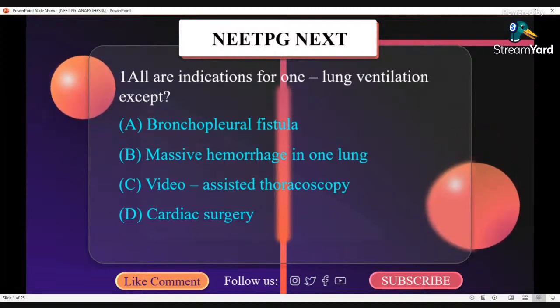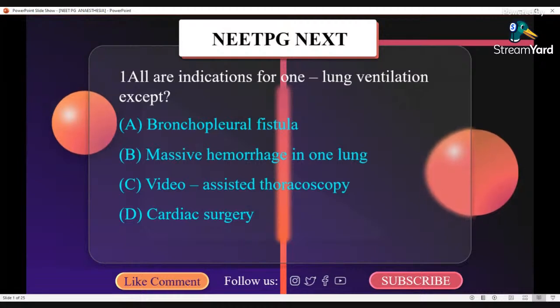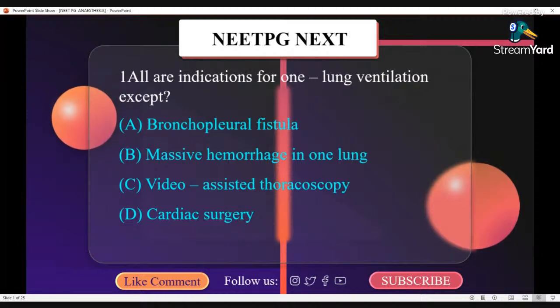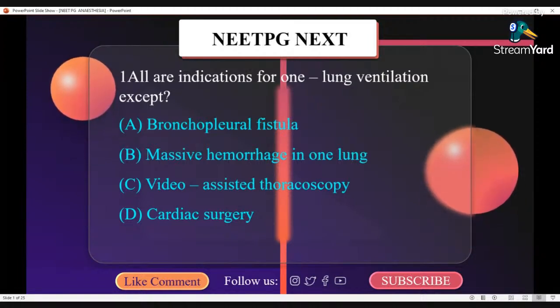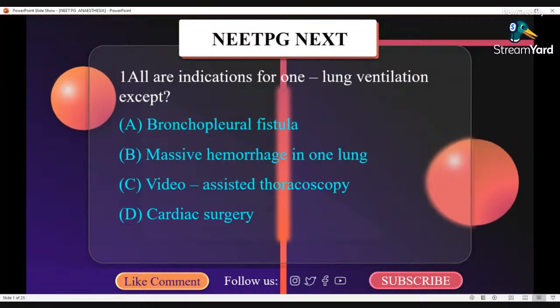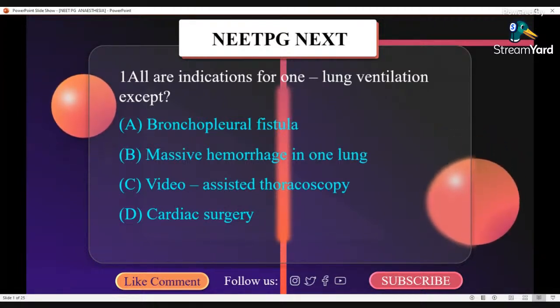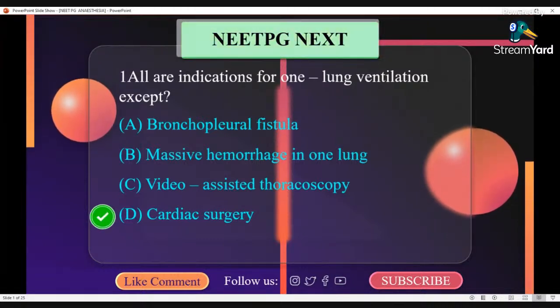Other indications are to prevent damage or contamination of healthy lung, control of distribution of ventilation, bronchial disruption from trauma, single lung lavage. So all are the indications for one lung ventilation except cardiac surgery. So the correct option here is cardiac surgery.